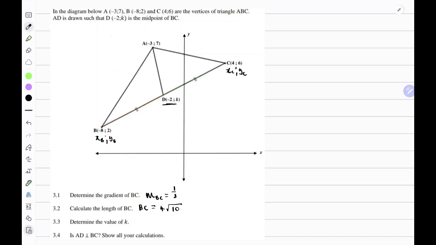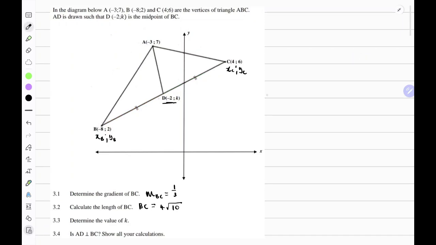So we can say that the midpoint of BC is equal to D, which is equal to xc plus xb over 2 and yc plus yb over 2.